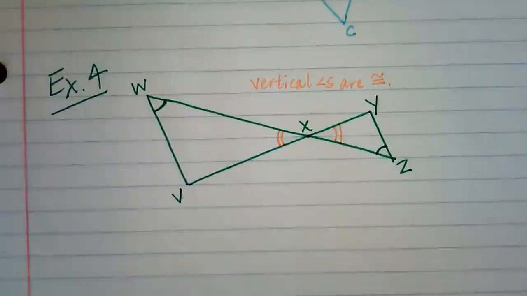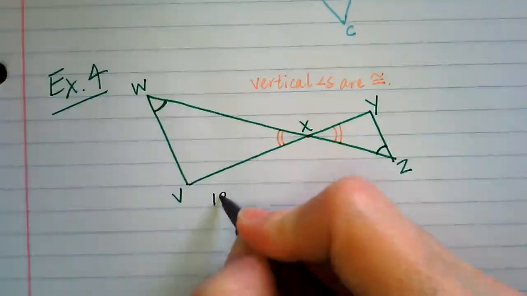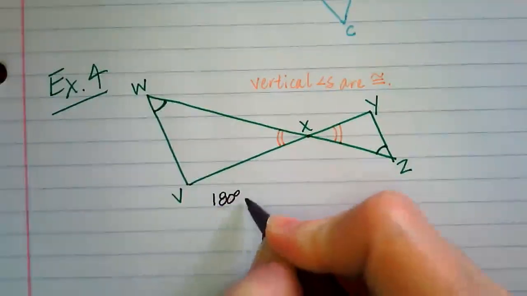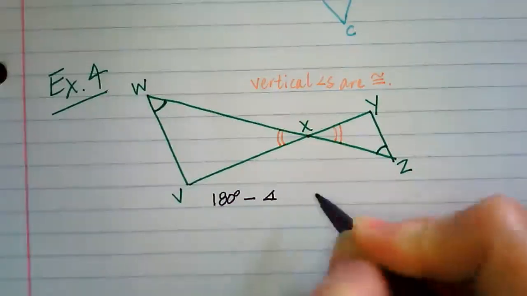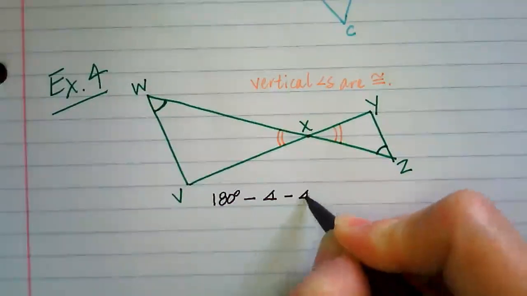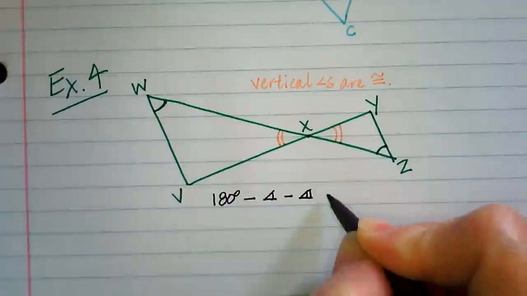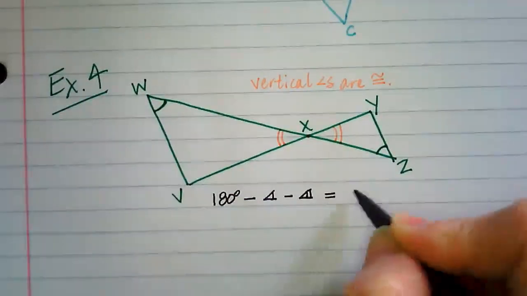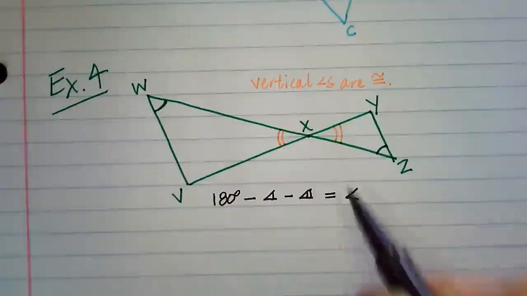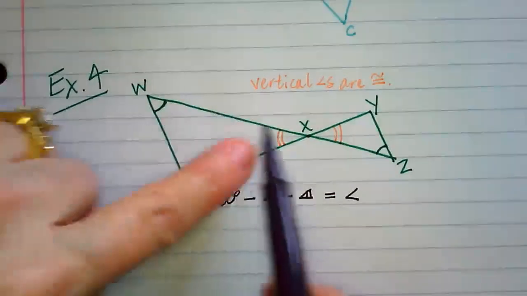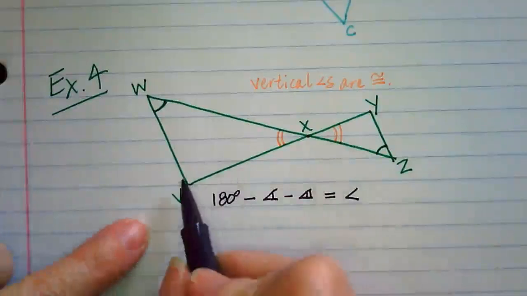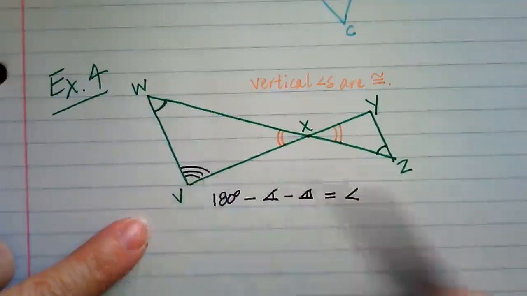Because if you think about it, if we had 180 degrees minus the angle with the one swipe minus the angle with the two swipes, it's going to leave the open angle. So if we take 180 degrees and subtract this and subtract that, we're going to be left with that.